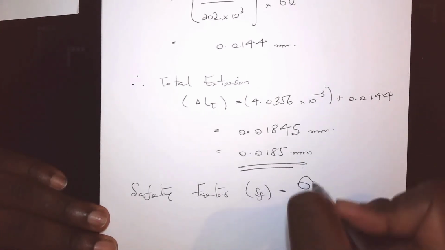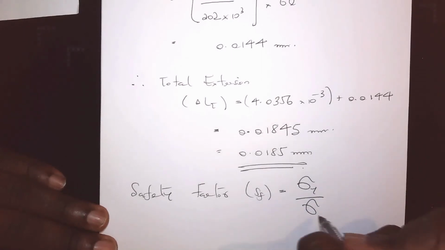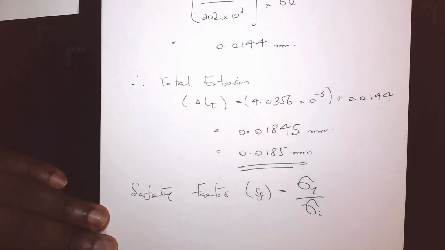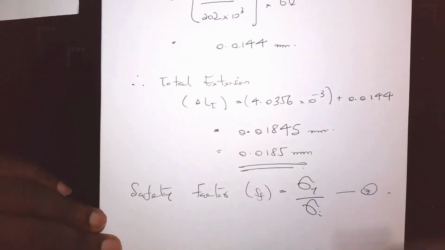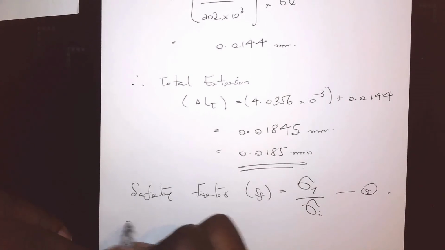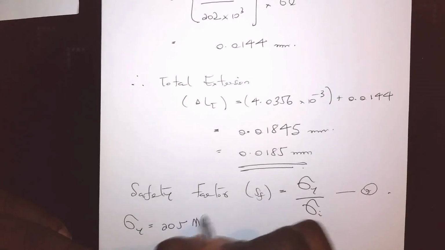So that would be sigma y divided by sigma, or whatever the working stress is. Okay, so let's call this 7. In the problem, we've been given sigma y to be 205 MPa.